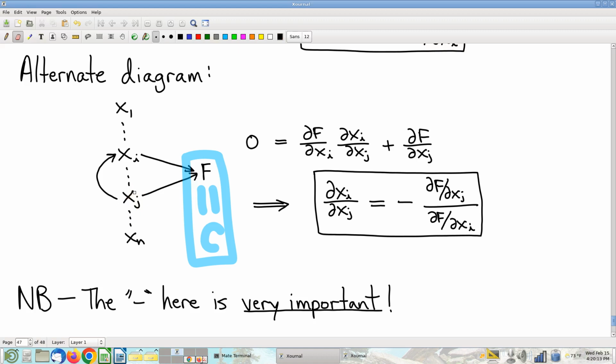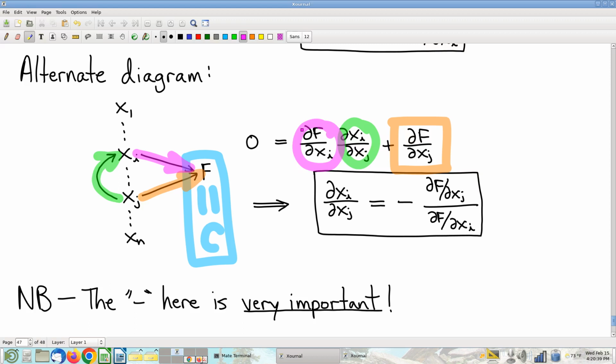And here they go. If you change x_j, well, that makes a direct contribution to how much f changes. But if you change x_j, that also causes x_i to change, and when you change x_i, that also contributes to a change in f.